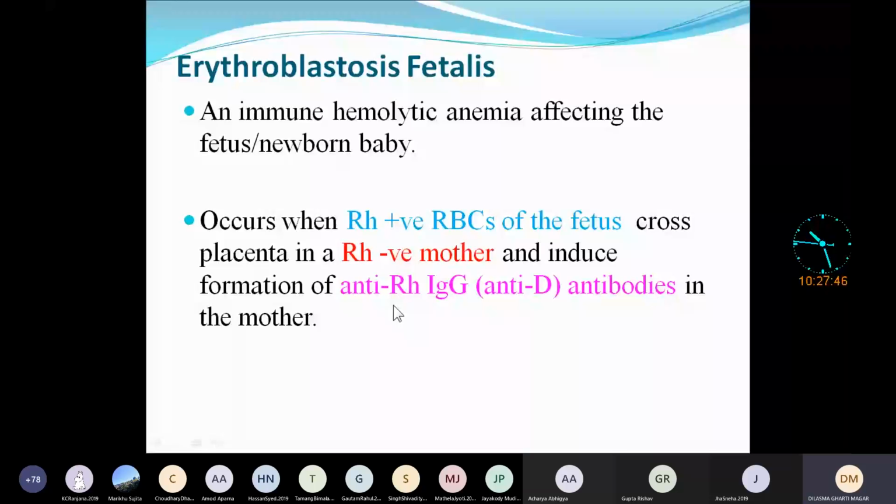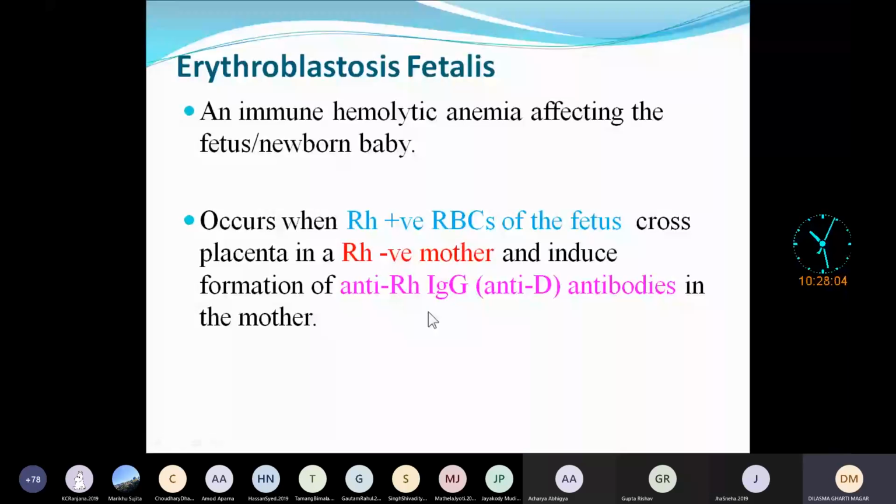You can say anti-Rh antibodies or anti-D antibodies, these immunoglobulins are the immunoglobulin G type. Understood here? So now we are talking about the erythroblastosis fetalis.